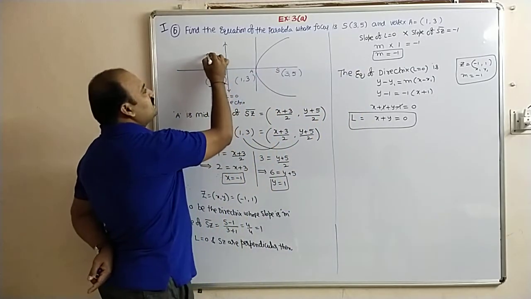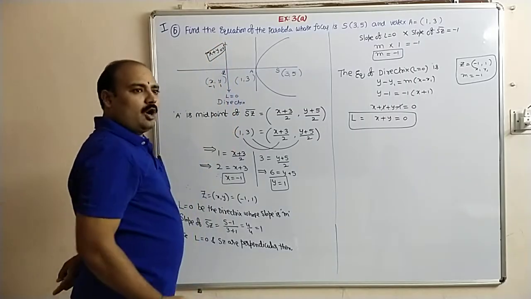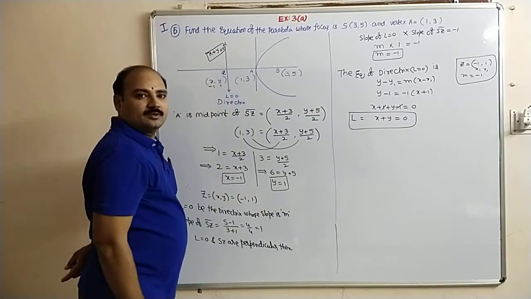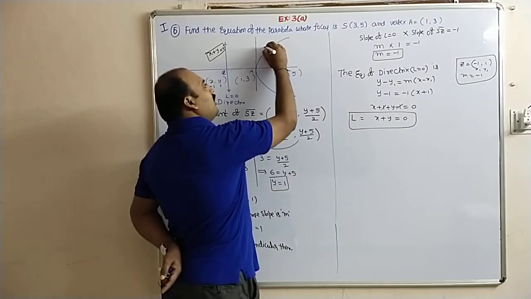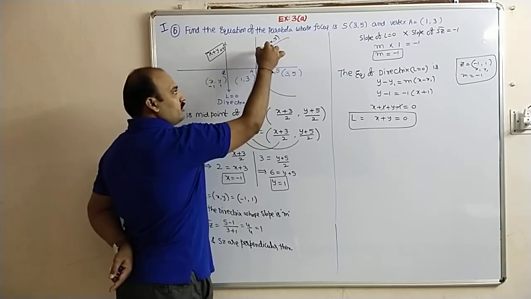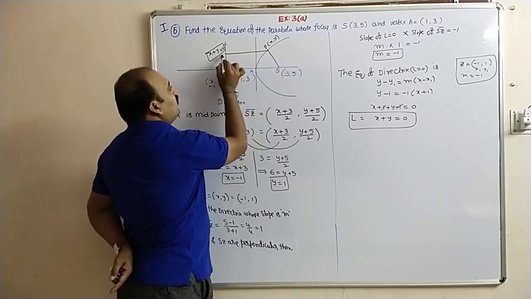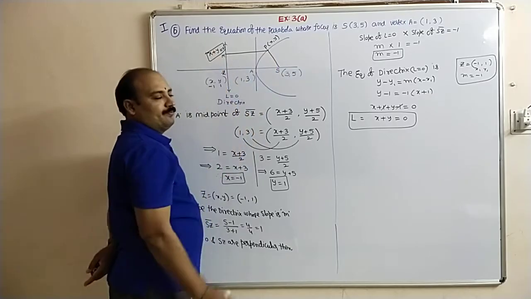This equation is x plus y equal to 0. After getting the directrix equation, let P be any point on the parabola, P of x comma y. So by definition of conic section on parabola, SP equal to PM.